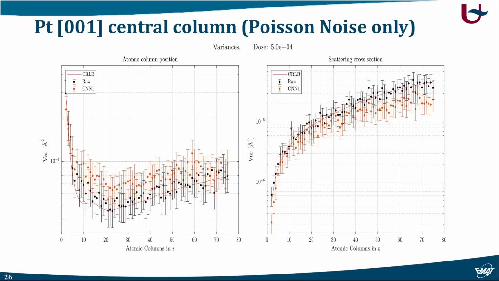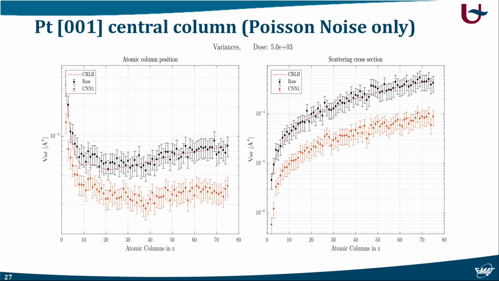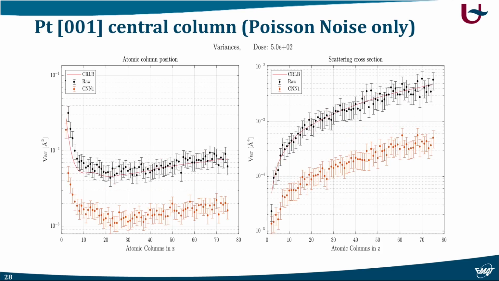If we decrease it another order of magnitude, we're actually starting to see deviations and already passing this lower bound on the variance. And reducing the dose even further, we actually see a quite significant improvement even by only just denoising the images.